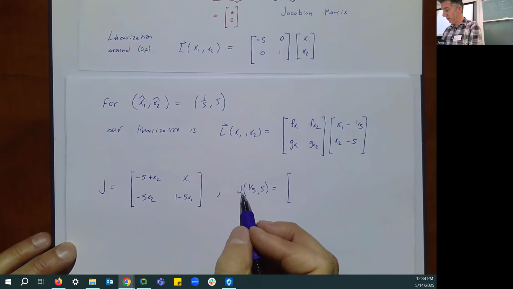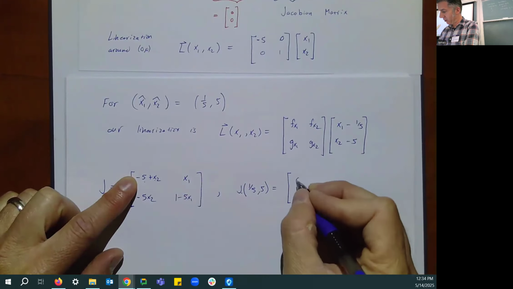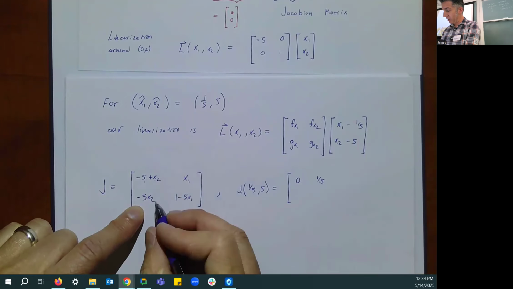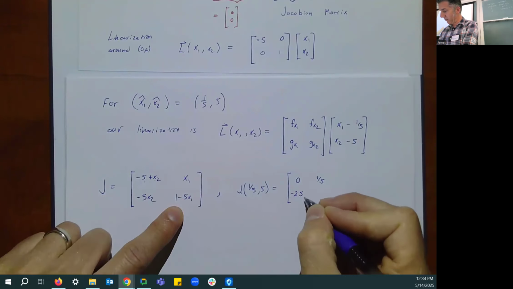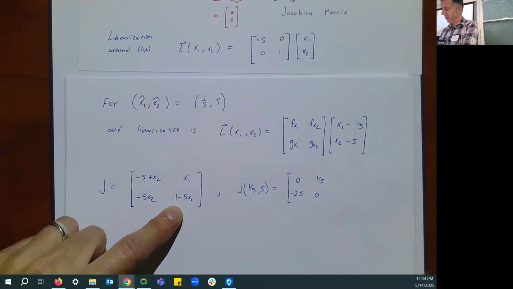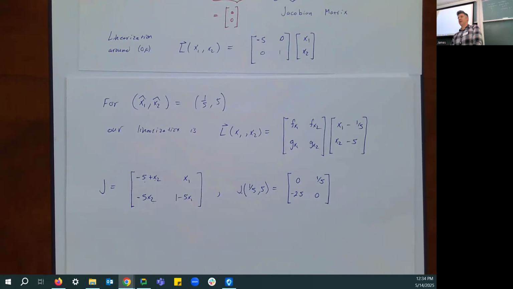So let's see, plugging in 1/5 for x1 and 5 for x2: -5 plus 5 is 0. 1/5 is 1/5. -5 times x2 is -5 times 5, which is -25. And 1 minus 5 times 1/5 is 0. And this is a matrix requiring more work to find the eigenvalues.